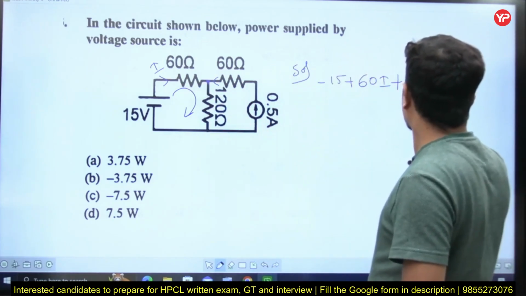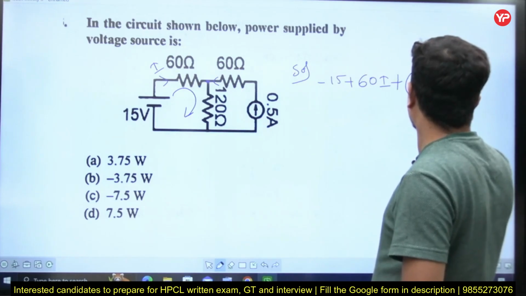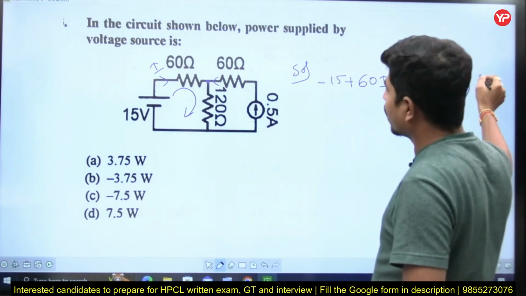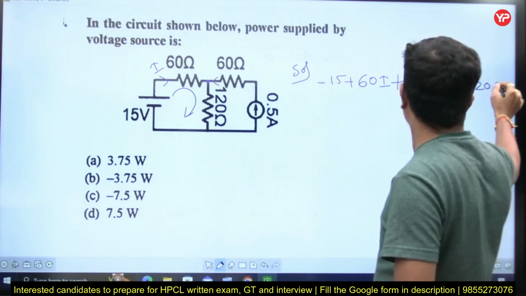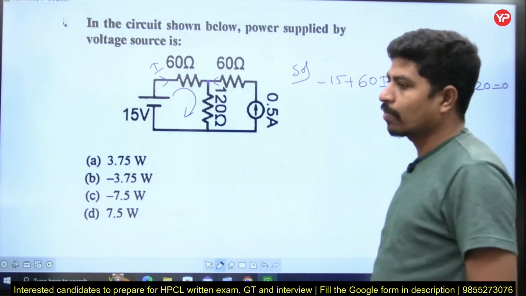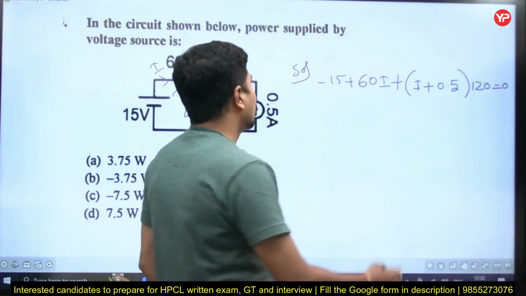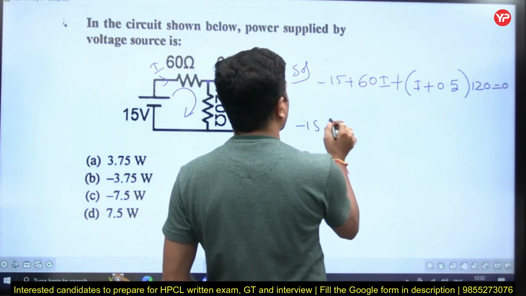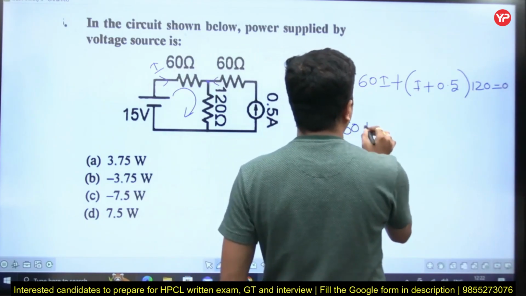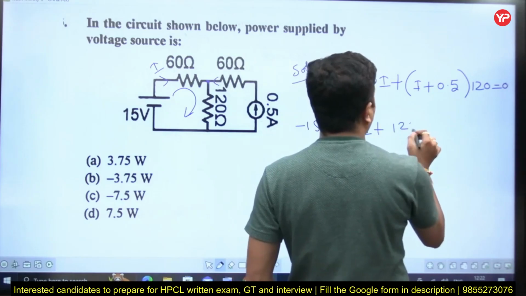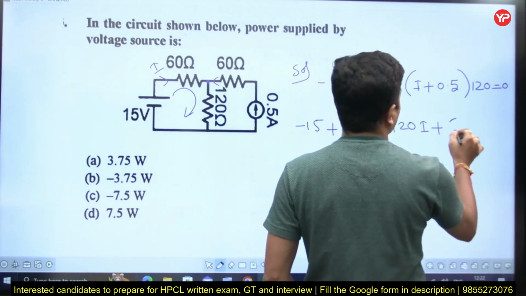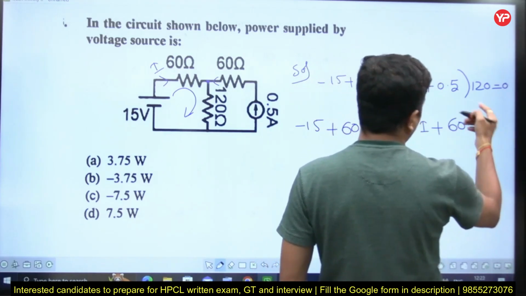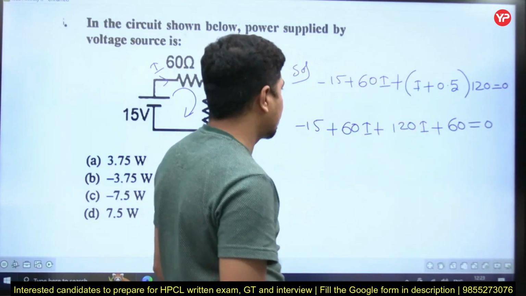Right? I need current I. So minus 15 plus 60I plus 120I plus 60 is equal to 0, because 0.5 into 120 is 60, right?